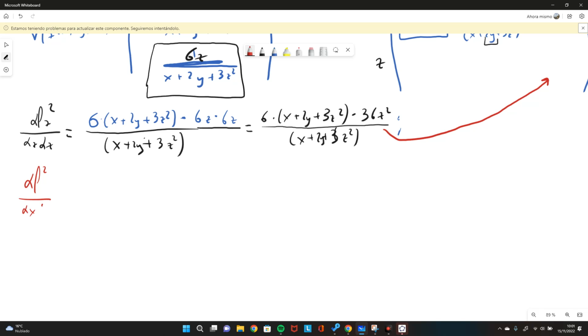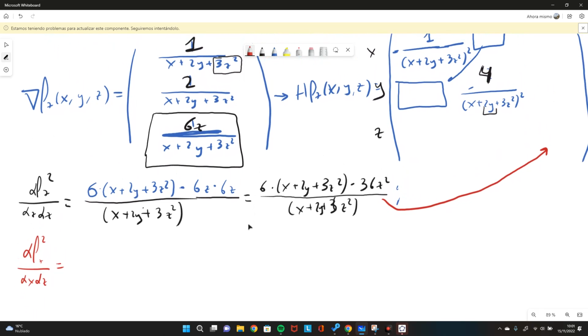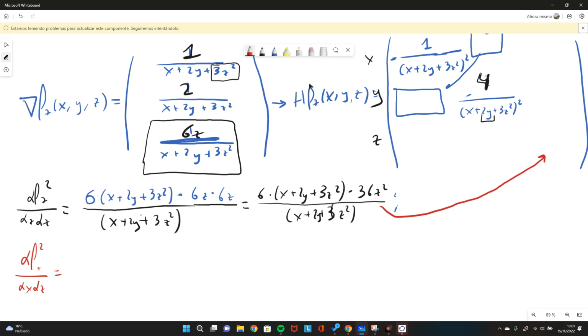So x and then z from here, y and then z. Here we just have something in the denominator. We could apply the quotient rule, but it's not necessary.